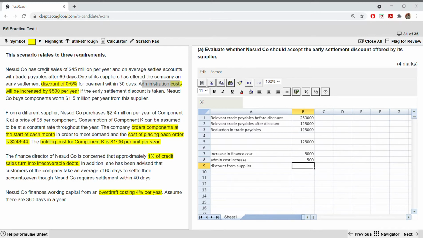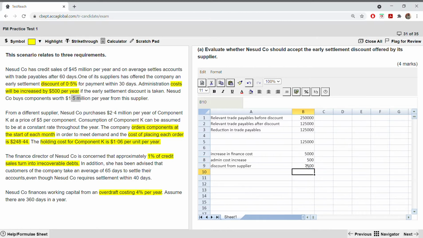What is the discount rate? It is 0.5% on this 1.5 million. So simply you are taking 1,500,000 multiplied by 0.5%. Okay, enter.